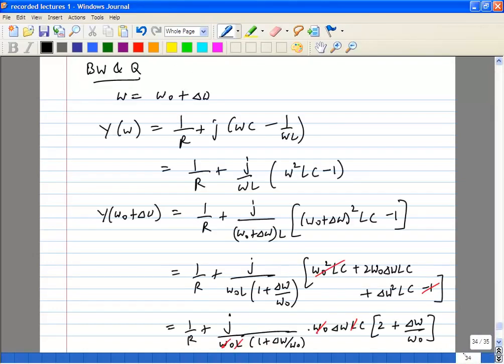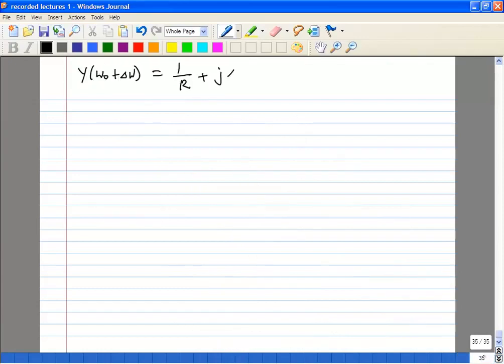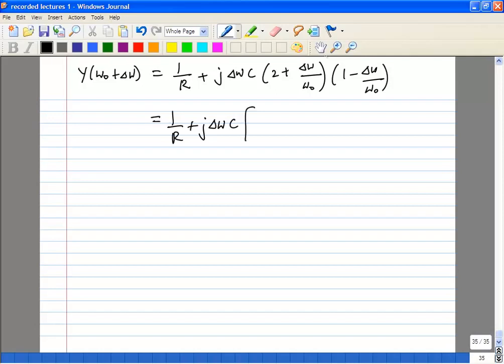We have delta omega times C. And this is 1 over R plus j delta omega C, 2 minus 2 delta omega over omega naught plus delta omega over omega naught.